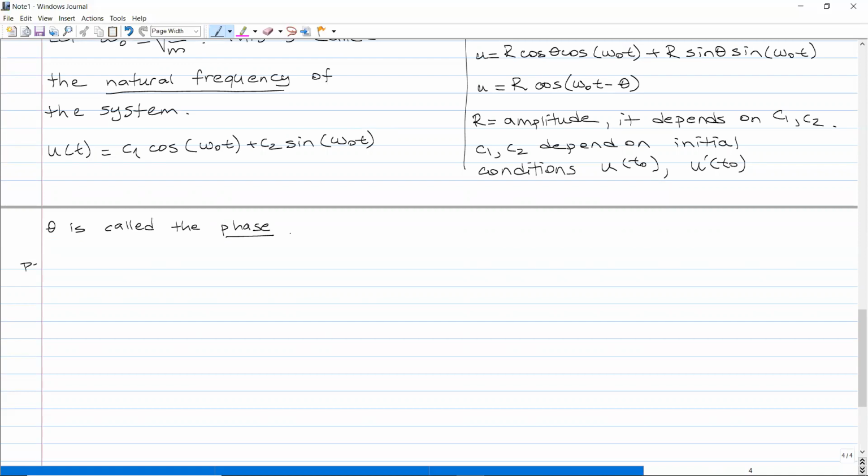So period is 2 pi over omega 0. If omega 0 is small, period is large.